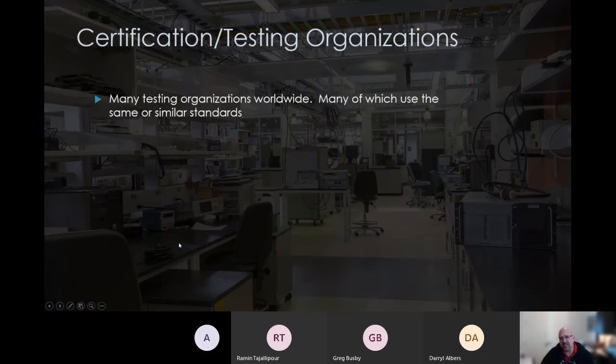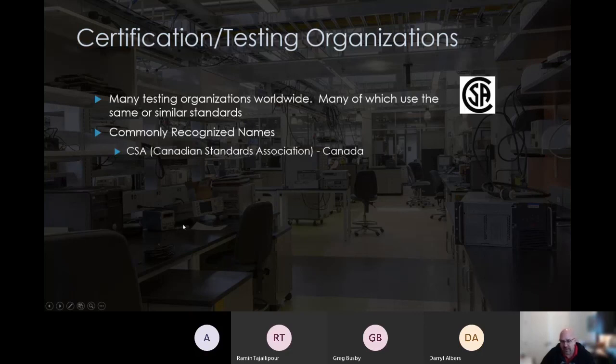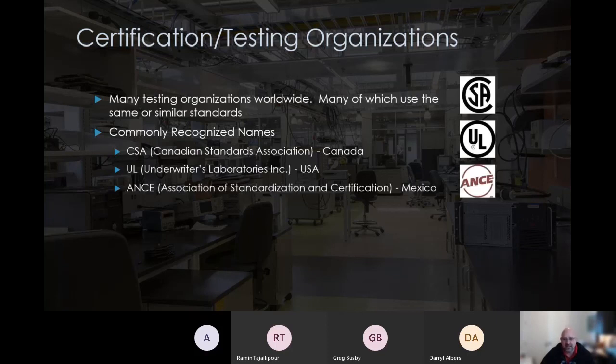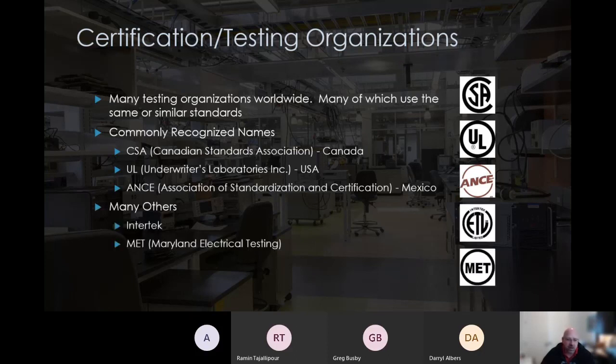So then we get to testing and certification organizations. There's a bunch of them worldwide. You'll recognize some of these as common ones. CSA is out of Canada, UL is typically in the US, ANSI is Mexico, and all of these are starting to align their testing and standardization practices.